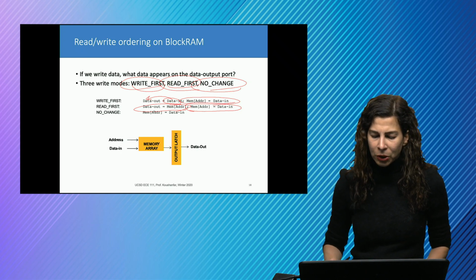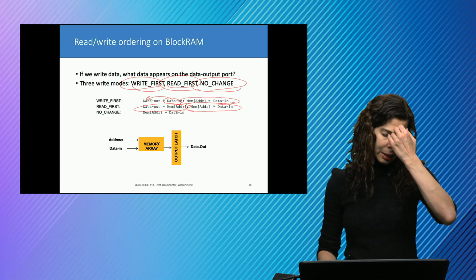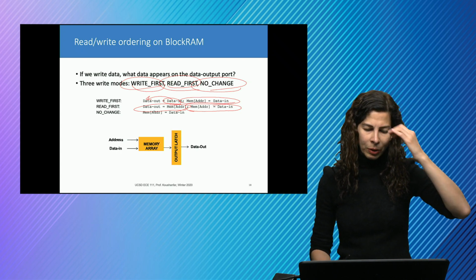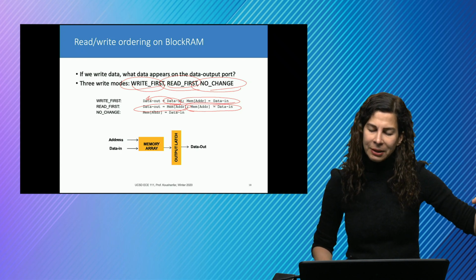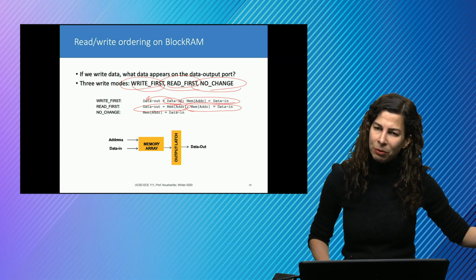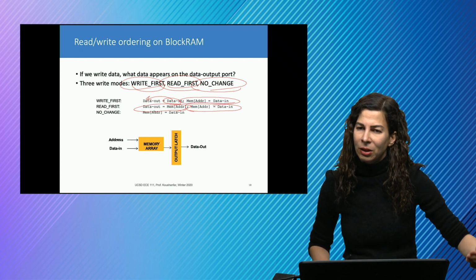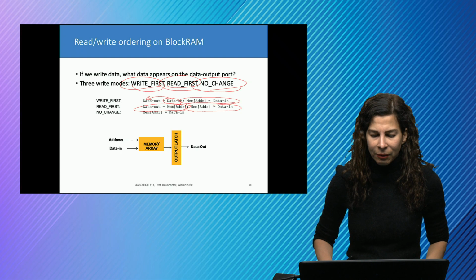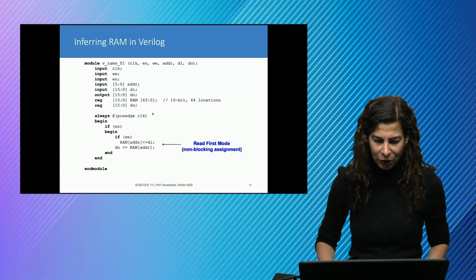And in no change, we just have the data in going to the memory address. So basically, when you're writing, the data that was in there is going to be read out, and then the data in is going to go to the memory address. If you're reading, the same thing is just going to stay there. It's not going to change.